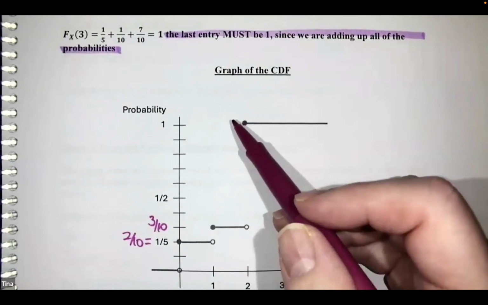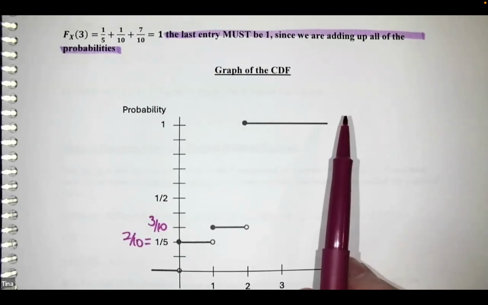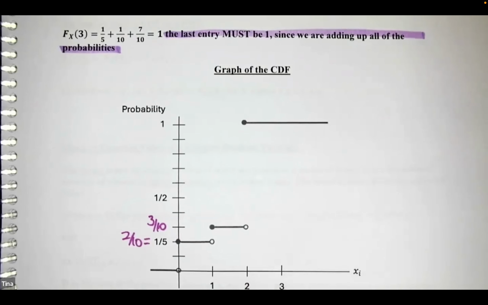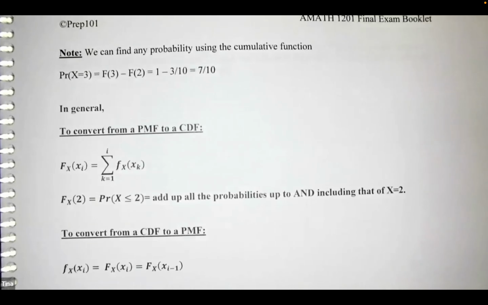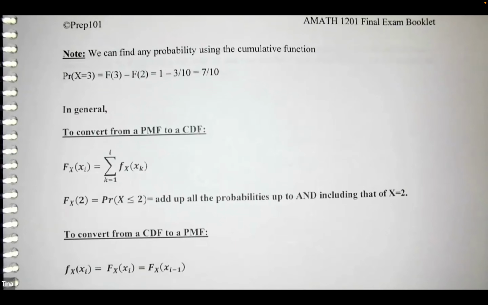And then at 3, we go up to 1. So those are our cumulatives. Now, whether or not you'll have to draw a graph, I guess they could make it a long answer. I've never seen them do it, but they can probably do whatever they want.